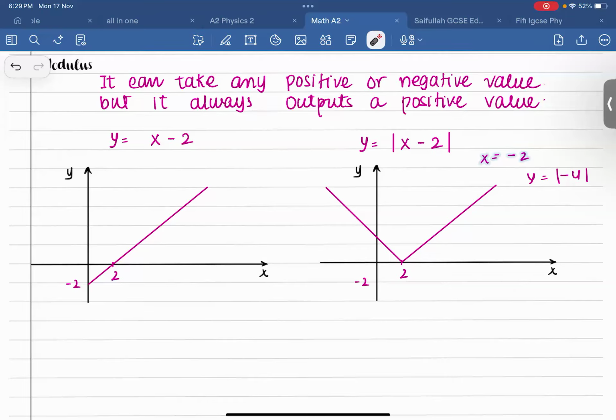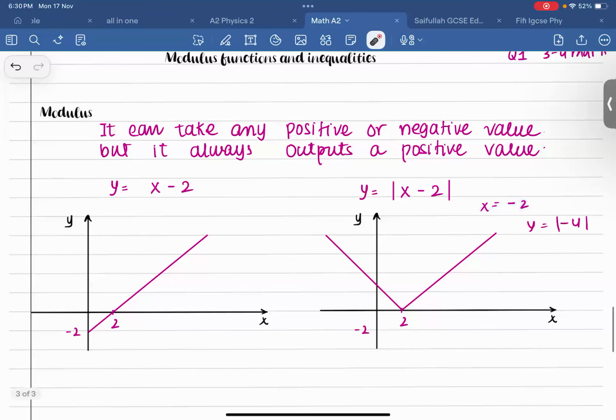Now, since the modulus function is converting all the negative signs into positive signs, can you recall any other mathematical concept or relation that does the same thing? Like if you have a negative number, by applying that function or relation, it gives you a positive output.